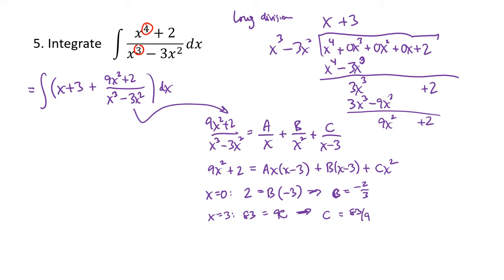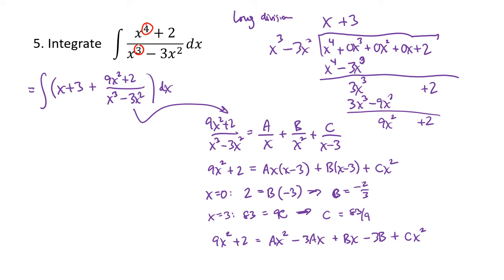And then finally, how do we figure out a? Well, now is when we have to equate coefficients. So we've got 9x squared plus 2. We've got ax squared minus 3ax plus bx minus 3b plus cx squared.